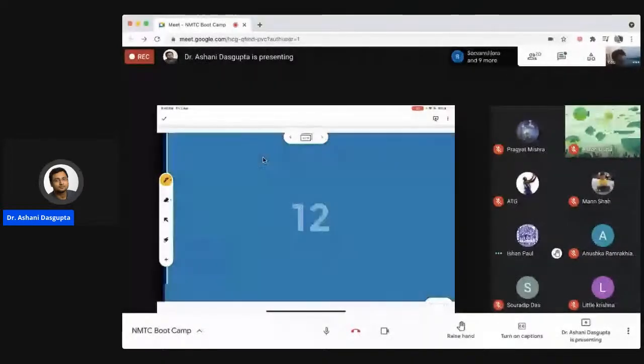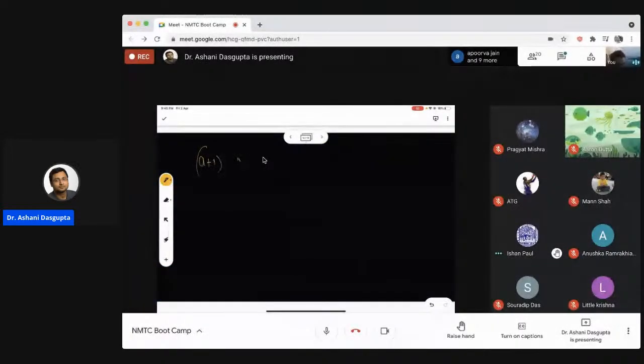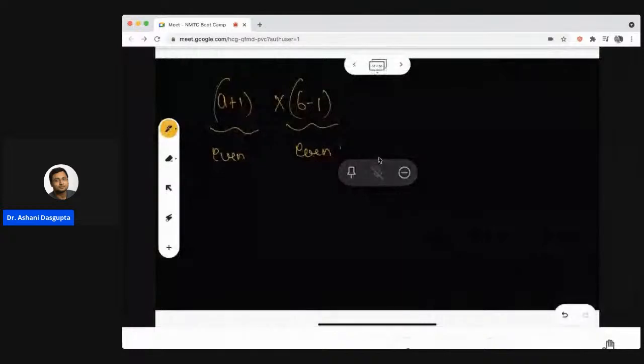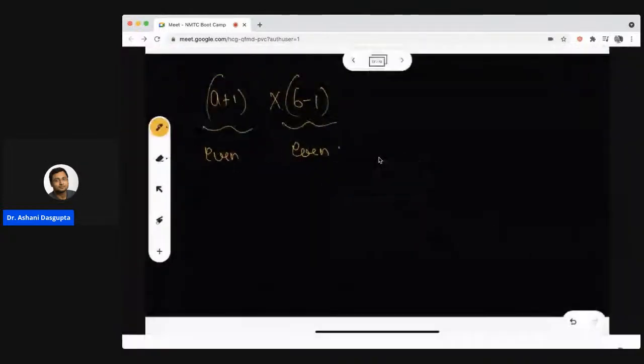A plus 1 times B minus 1, where this one is even and this one is even, we know. How do we know that there are an even number of 2's? How do we know that?